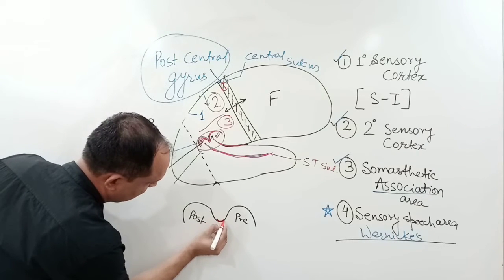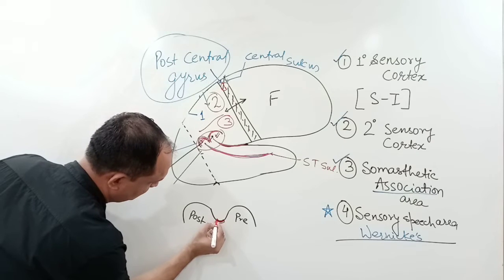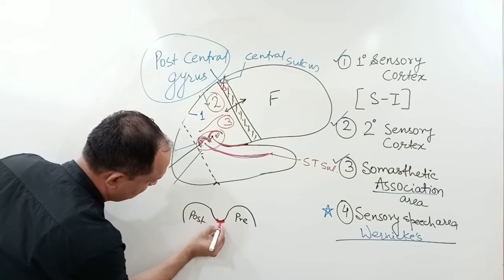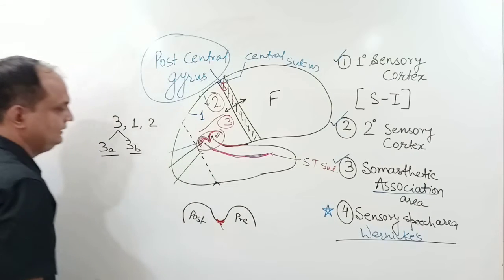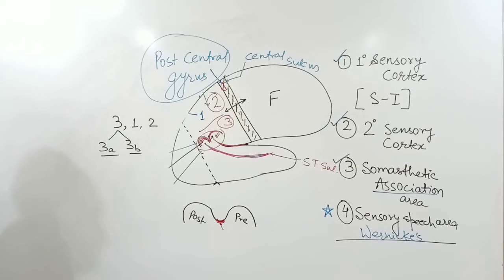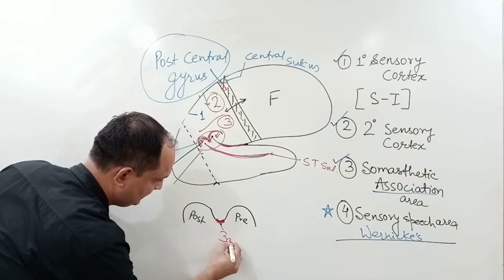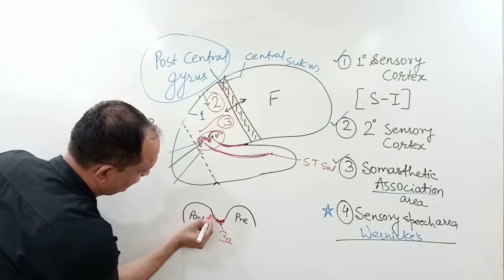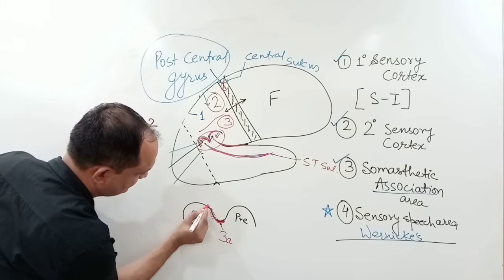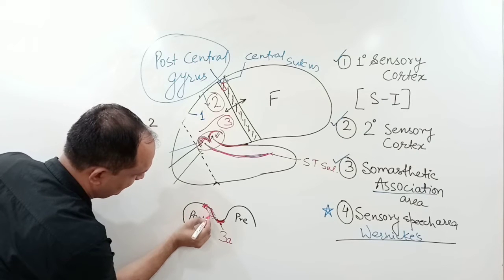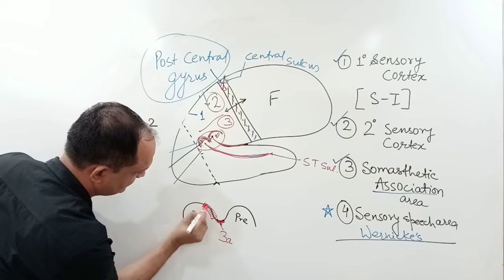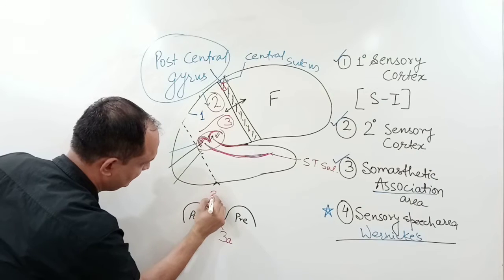This floor is occupied by the primary sensory cortex, area number 3A. While the posterior wall of the central sulcus and some part of the gyrus is occupied by area 3B.